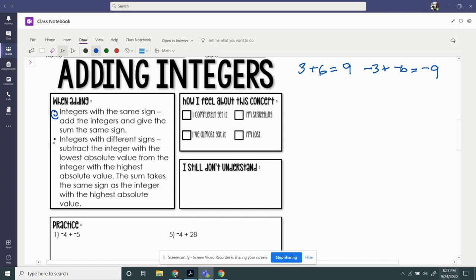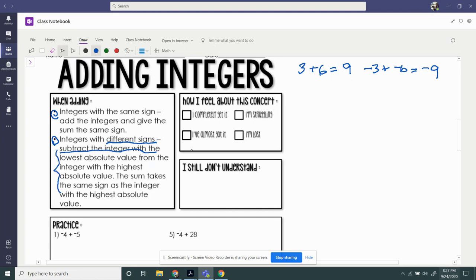But when the integers have different signs, the rules are a little different, and this is where we have lots of mistakes. So let's get it right now, and then you'll never have to worry about it because you'll know it really well. When the integers have different signs, we're going to look at the notion of absolute value, which is what we studied yesterday, and we're going to subtract the integer with the lowest absolute value from the integer with the highest absolute value.